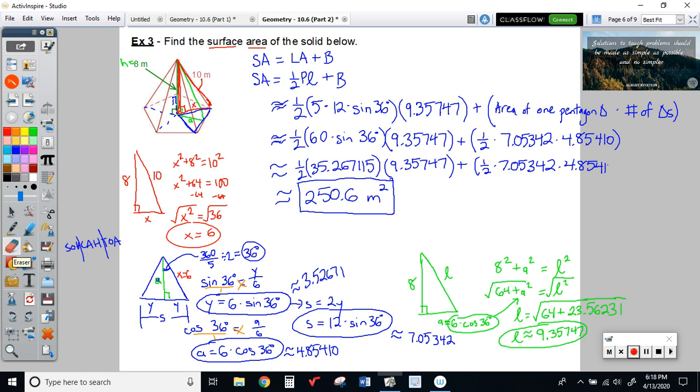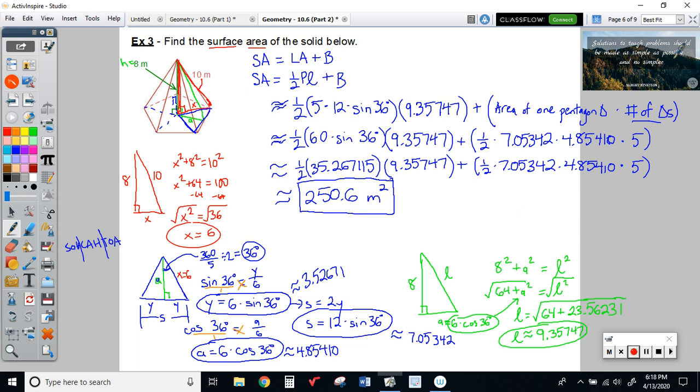I felt like I could have done a better job on this one, but I also am doing all of these in one take, so it's a little more challenging that way. I forgot to multiply by the number of triangles. So I should have multiplied that by 5. So I should have a times 5 there. With that in there, then if you multiply all this through on your calculator, then you have 250.6 meters squared.